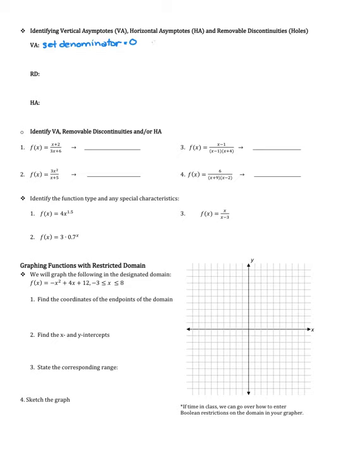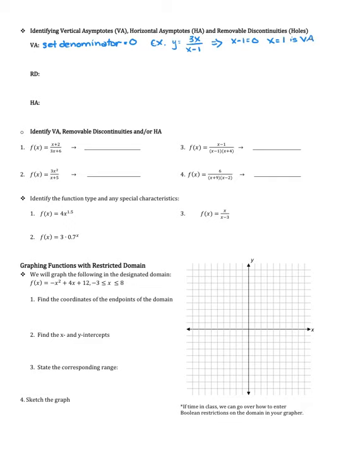So for an example, if I had y equals 3x over x minus 1, first I would look to see if I can cancel any factors, which in this case I can't. I look at my denominator, x minus 1, set it equal to 0, so x equals 1 is a vertical asymptote on the graph.